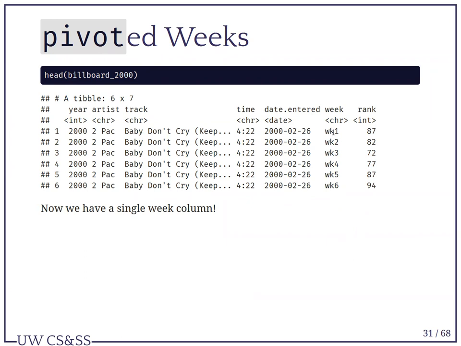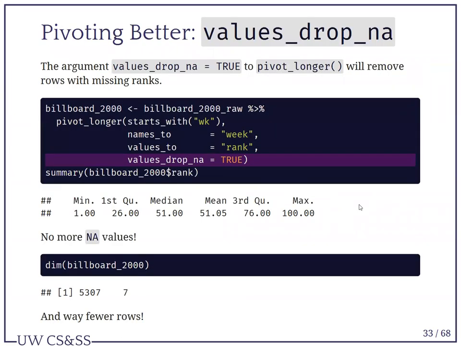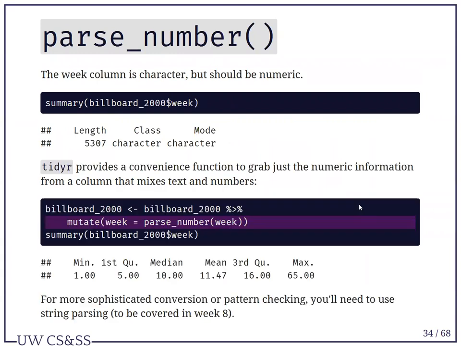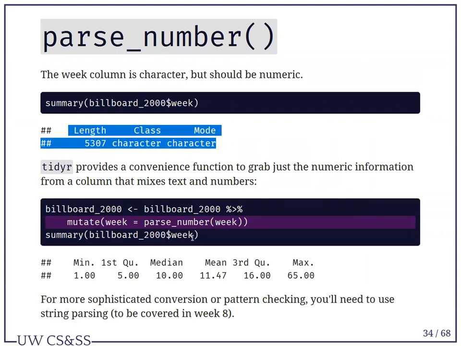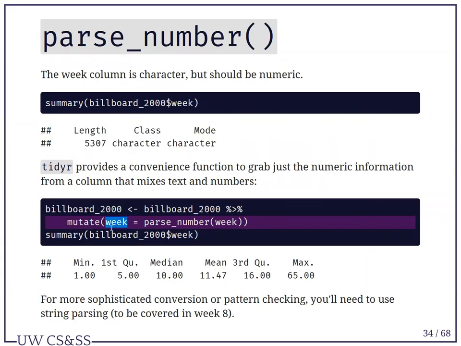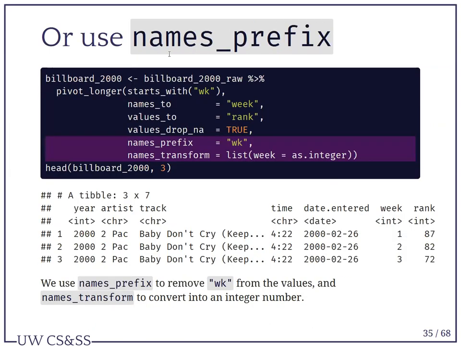And for the same reason that these WKs are in front here, we were unable to get the summary. So that's why over here, we took the week column and then parsed the number, which is just give me the number that is apparent in this string to the column. Cool.